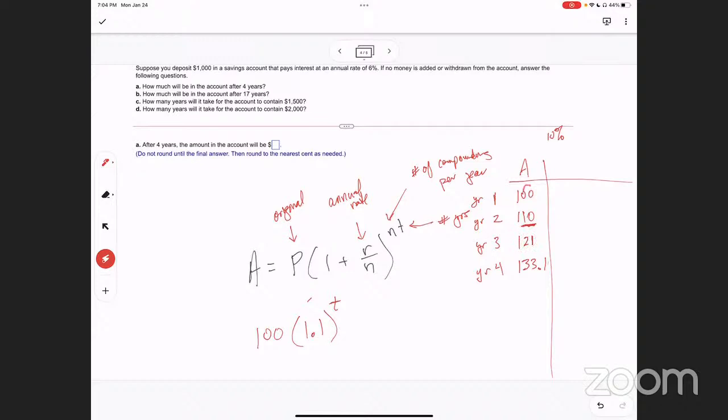So that's 10 plus $2.10. So that's why I made $12.10 my third year in interest. See how it's going up, and it's going to keep going up every year. That's what compounding interest does.